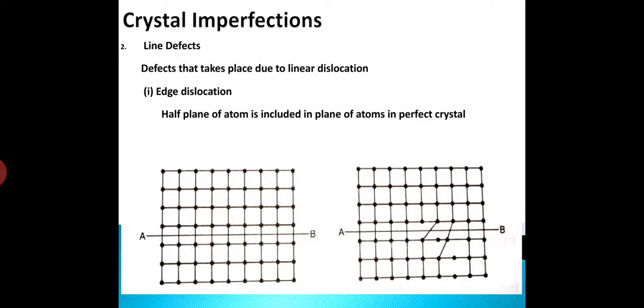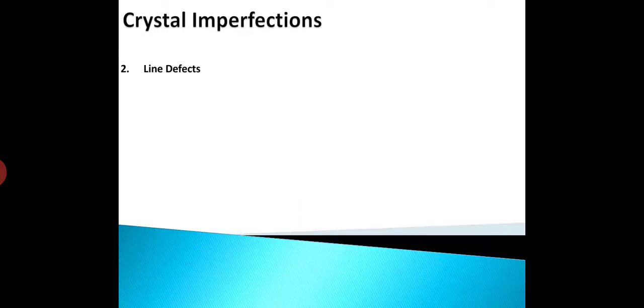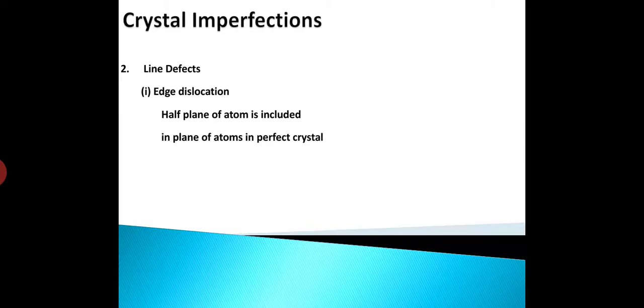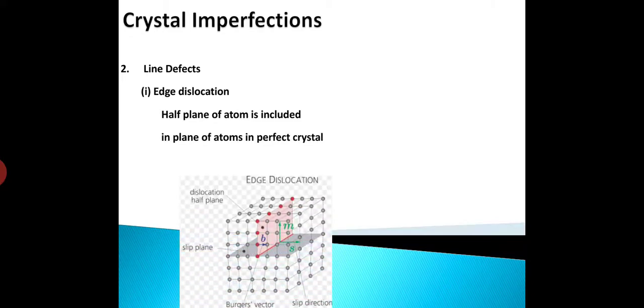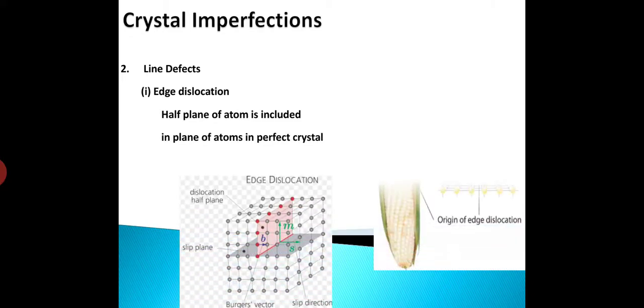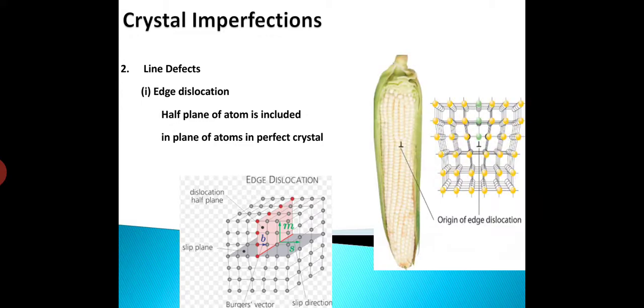This type of defect is called edge dislocation. We can check edge dislocation with other views, which make it clear. It mainly occurs when a half plane of atoms is included in or missing from the crystal plane.